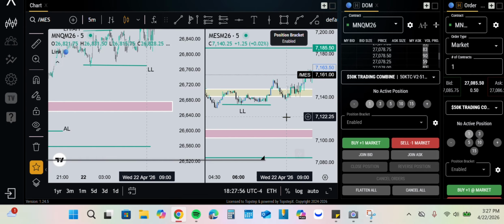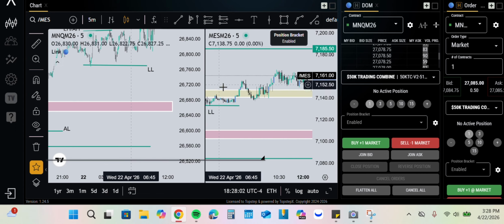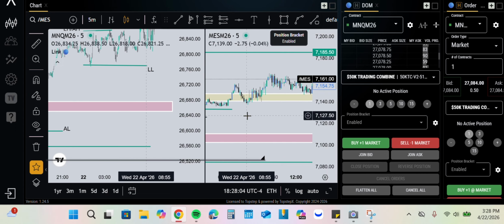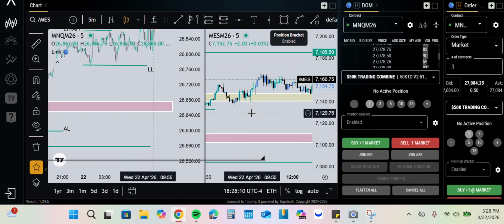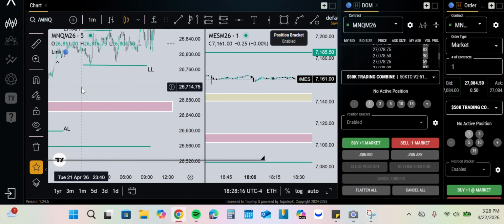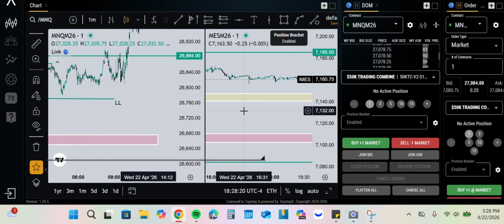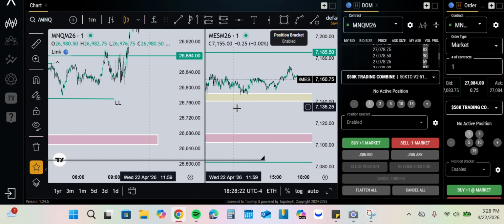where did market open? Alright, so right about here. When market opened, I went onto the 1 minute time frame and I was just watching for the market to break past this fair value gap on MES.